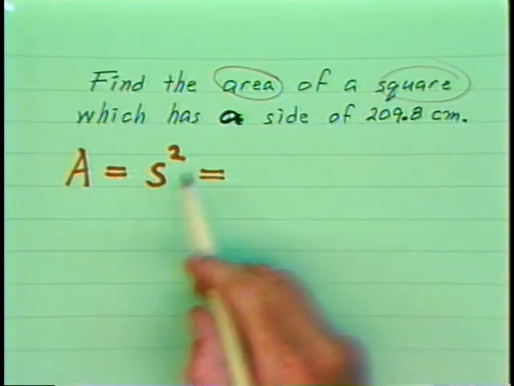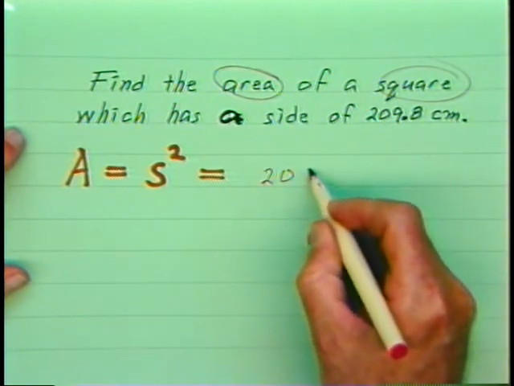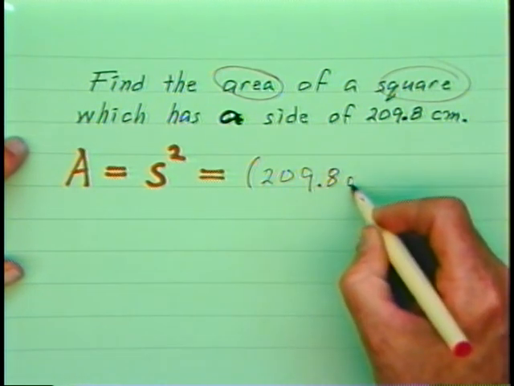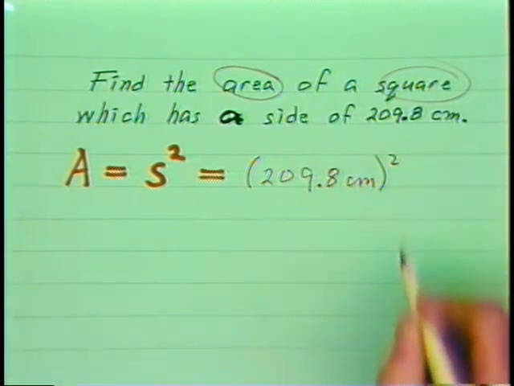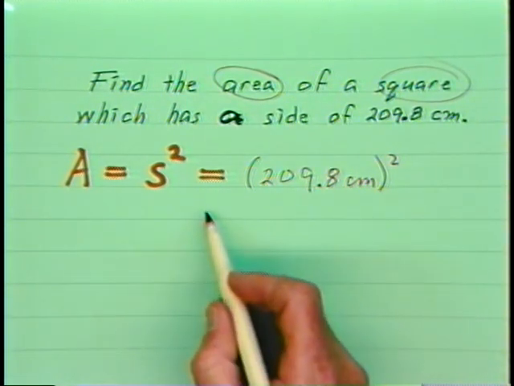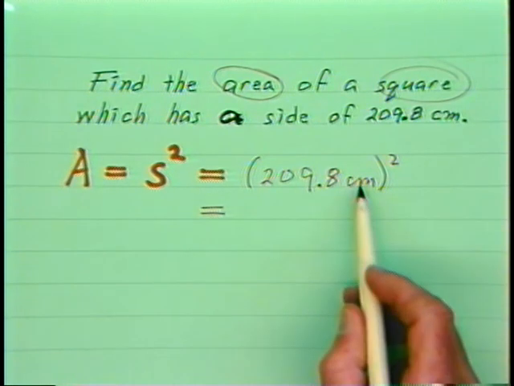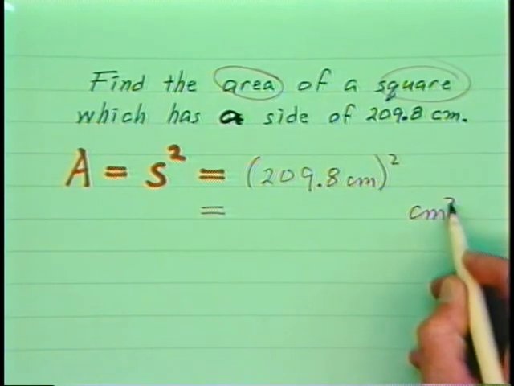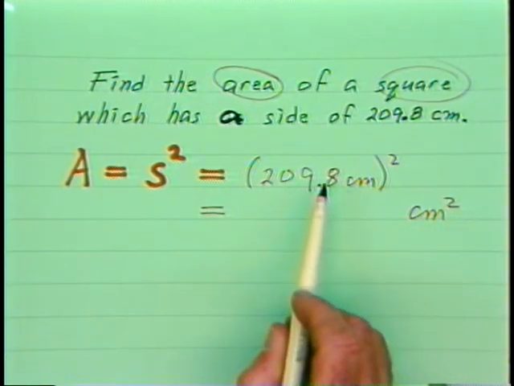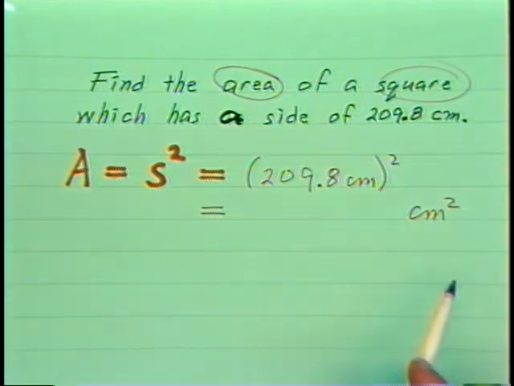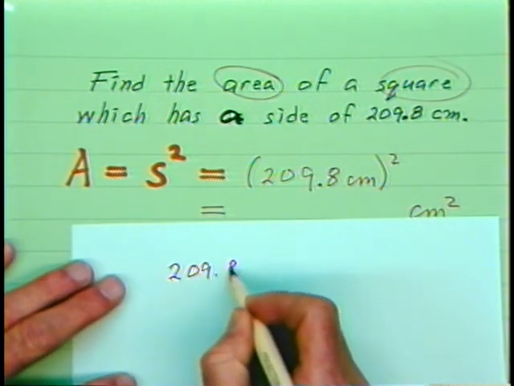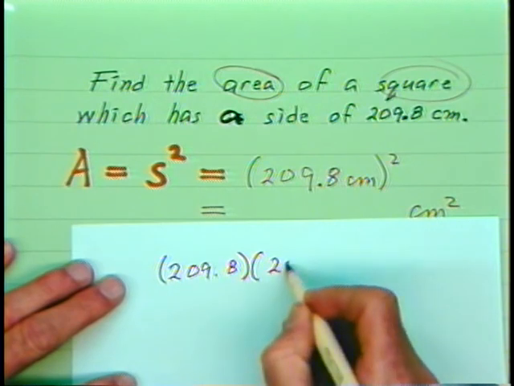So this says the length of a side, which is 209.8 centimeters squared. And of course, if I square centimeters, it will be just that, square centimeters. But to square this number, well, we know that squaring a number simply means to take that number times itself.